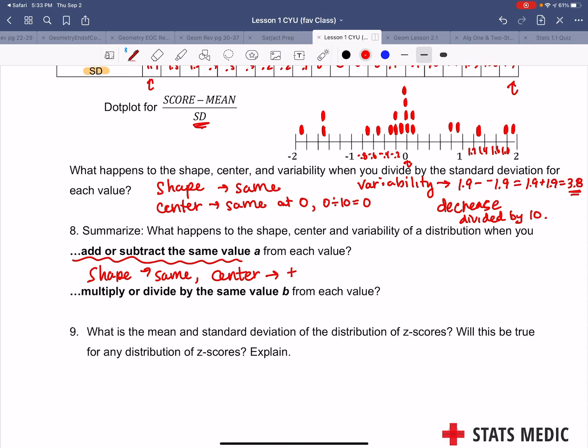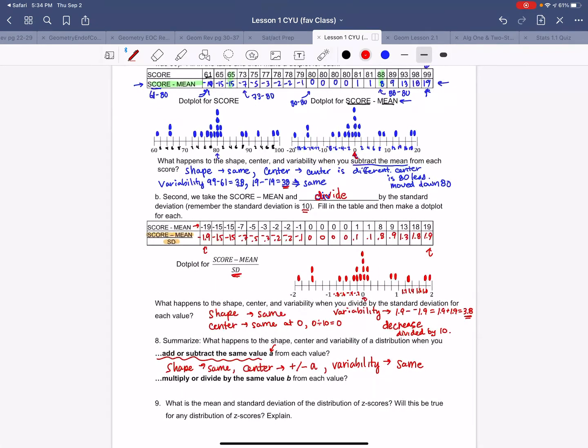So if we added 80, everything would have gone up 80. So whatever value, so if we were to add or subtract the value of A, it would just add or subtract the value of A. And then the variability stayed the same.